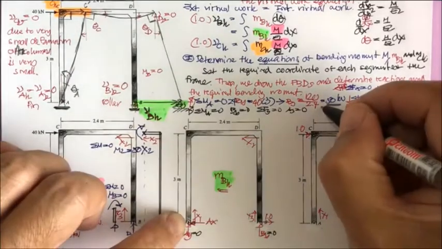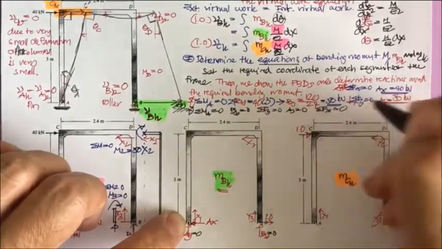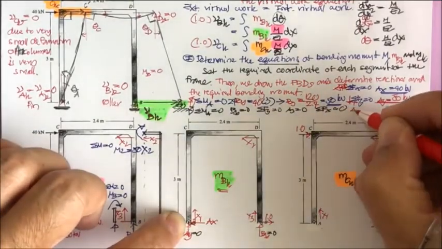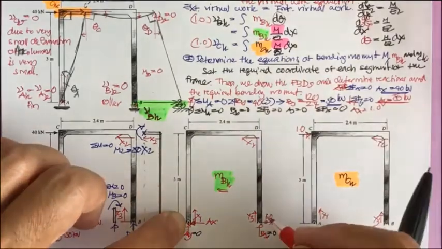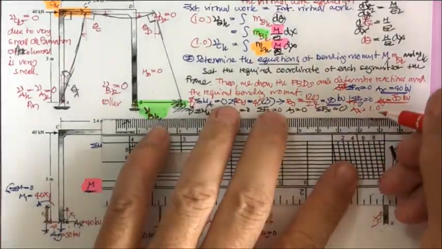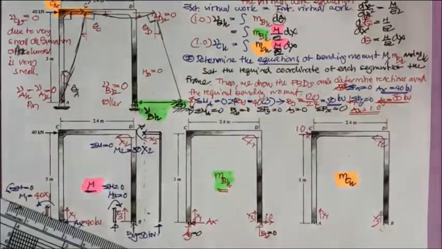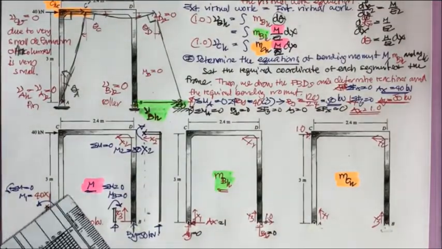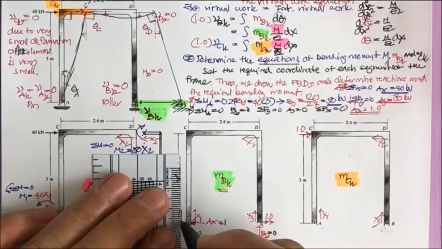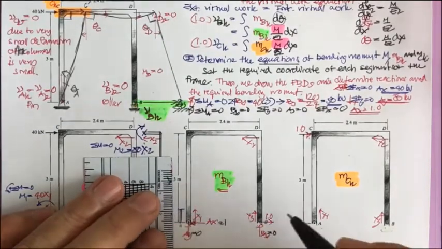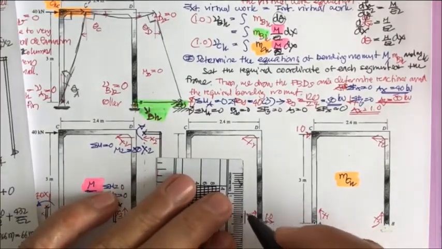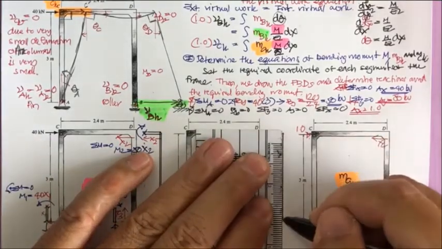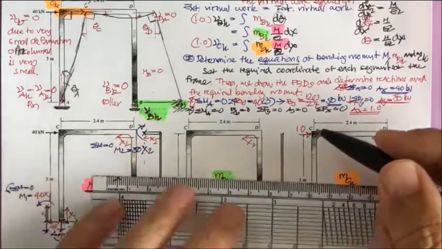And then if you do the summation of F sub x equal to 0, you got the A sub x equal to 1. So this A sub x is going to be equal to 1. And now we are ready to draw the free body diagram of each piece of this frame.